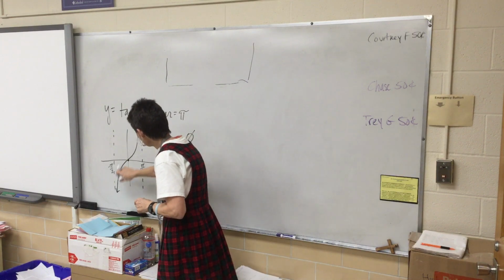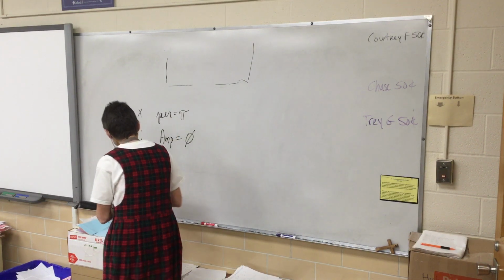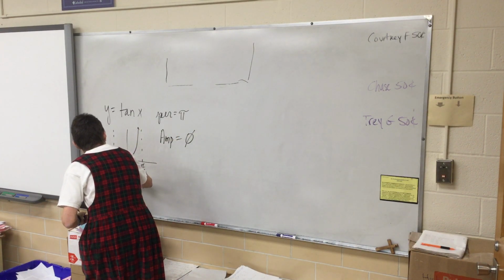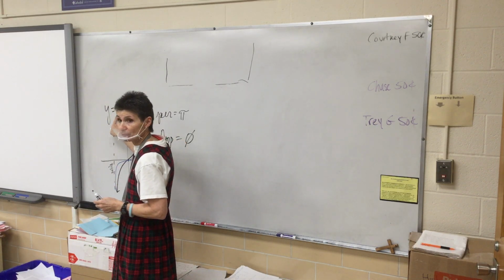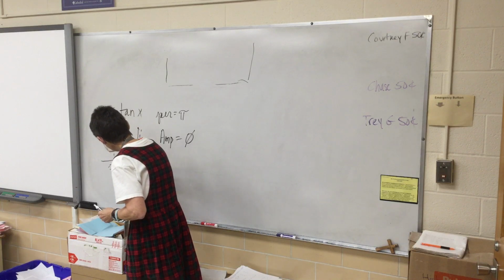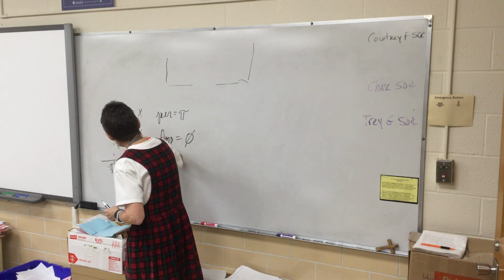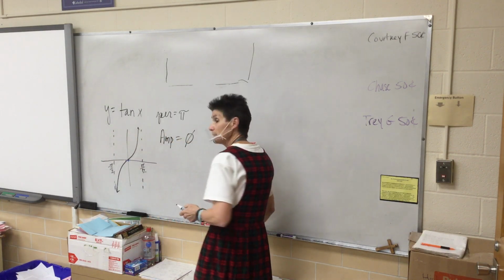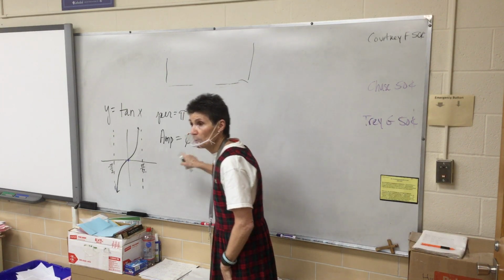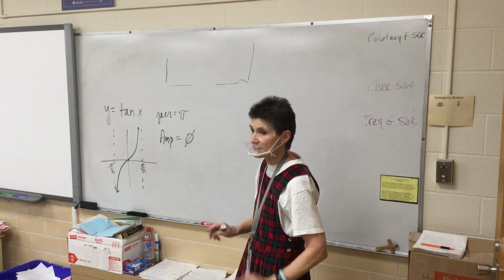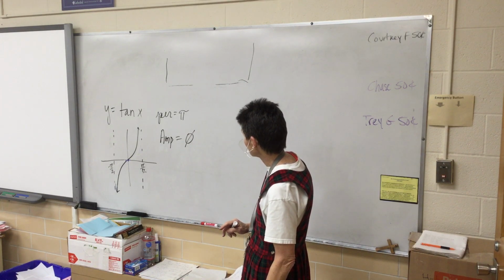So instead of being this shape, it might be fatter, more like that, if we had a certain number out here in front. But in terms of amplitude, there isn't amplitude. Please don't say 0. Either write the word none or put an empty set. You simply can't discuss amplitude with a tangent.